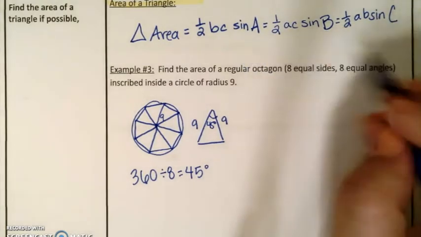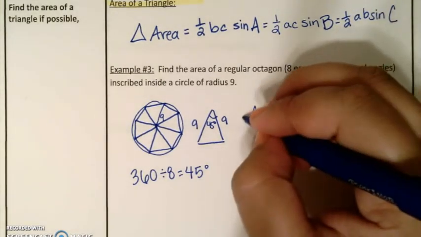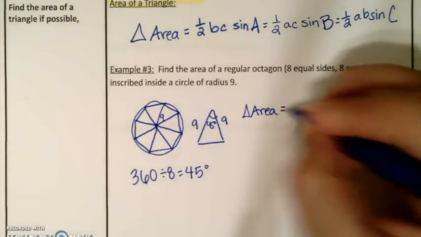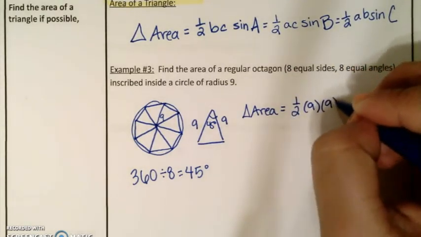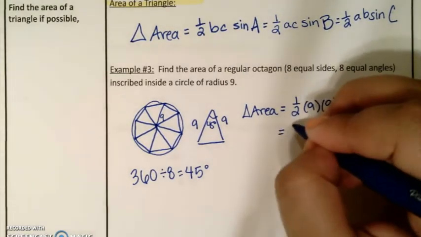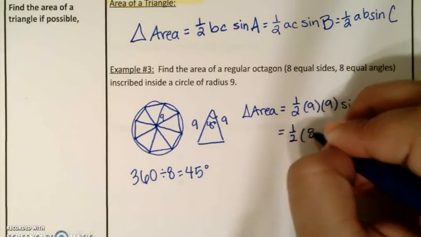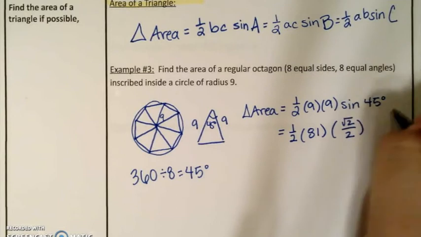Using the equation above, we can find that the area of each triangle equals 1/2 times 9 times 9 times sine of 45 degrees, which is 1/2 times 81, times the square root of 2 over 2 from our unit circle.